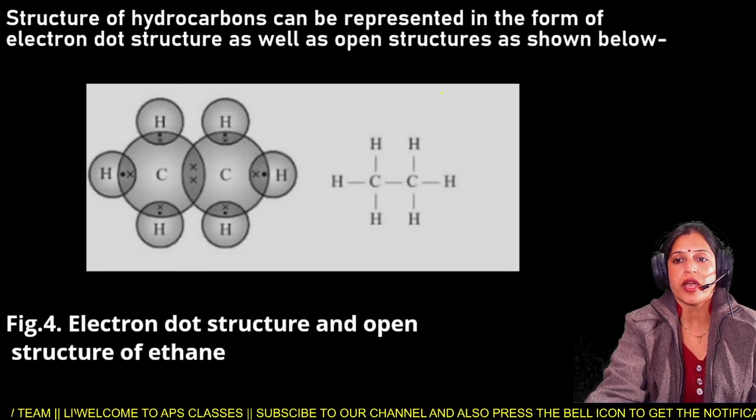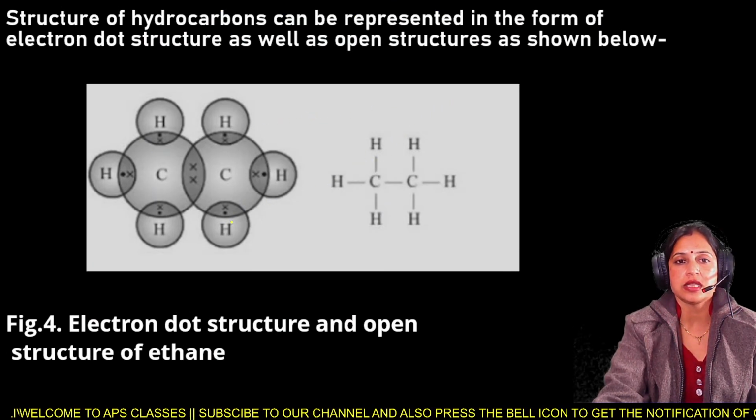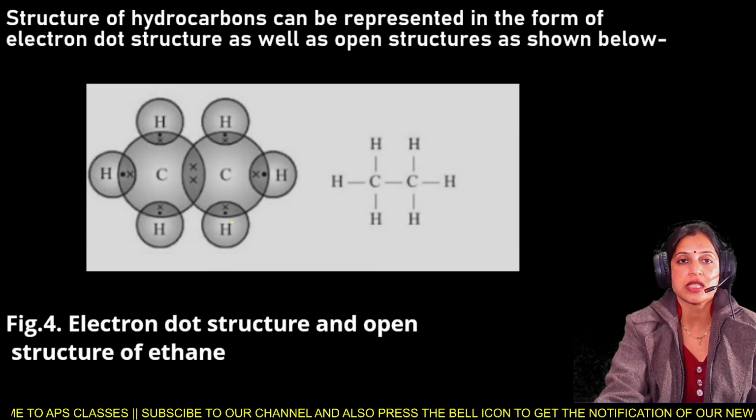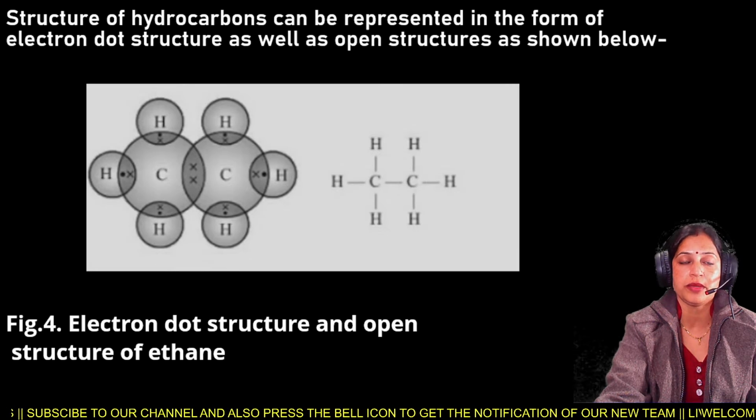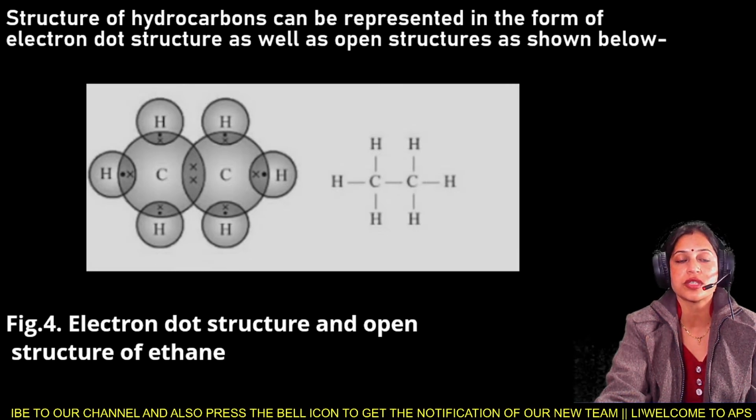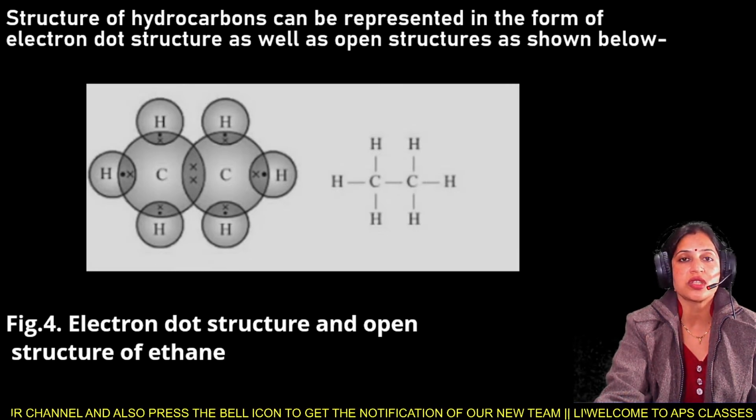So the structure of hydrocarbons can be represented in the form of electron dot structures as well as open chain structures.